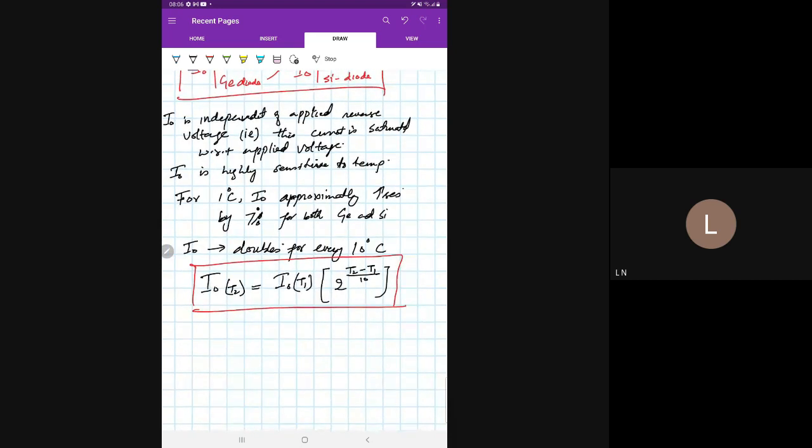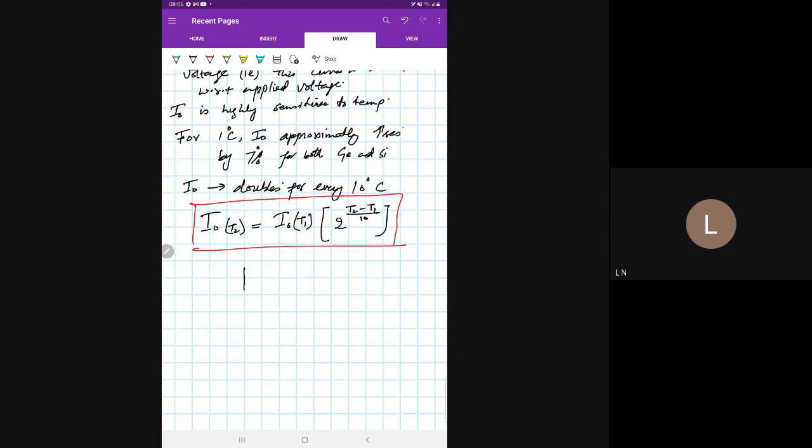Now see, in a reverse bias diode, majority carriers of P and N region will be moving away from the junction, okay? And they will accumulate and will be stored in the device. See, I'll draw the junction diode here.